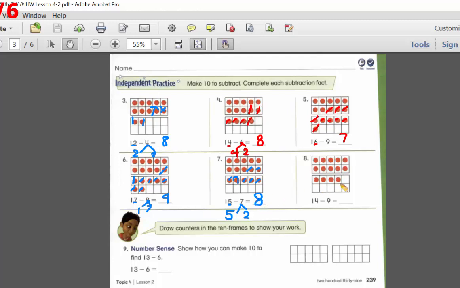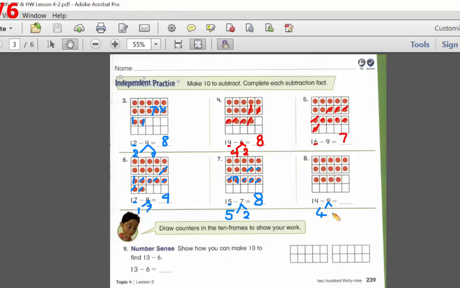Okay, let's do it one more time. Here 9, I will break it into 2 parts. One part is 4. We know the rule. The first part must be the same as this number. 14 minus 9 equals how many? We'll break 9 into 2 parts.